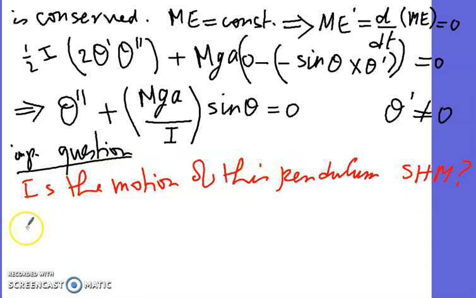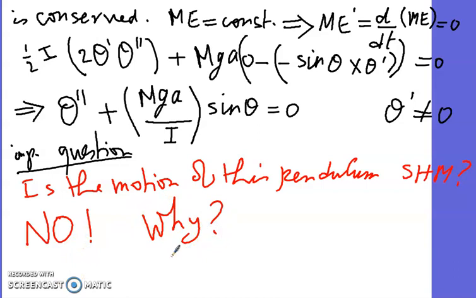Yes or no? No. Why? Since the differential equation is not of the form y double prime plus omega 0 squared y equal to 0. Though we have theta double prime here, right? But here we have sine theta, not theta. Be careful about this. So no.